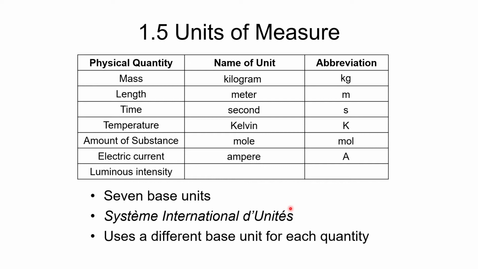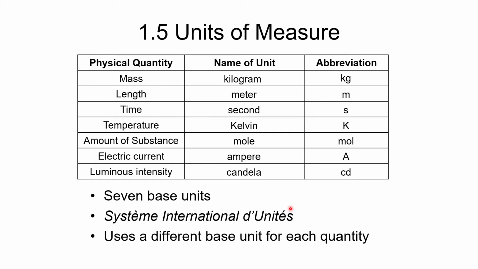Finally, luminous intensity. This is not something that we'll be using in this class or the 1412 class, but it is a useful unit when you start talking about instrumentation, and that is the candela. The abbreviation for that is cd, lowercase letters c d.